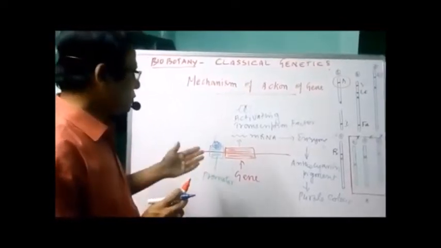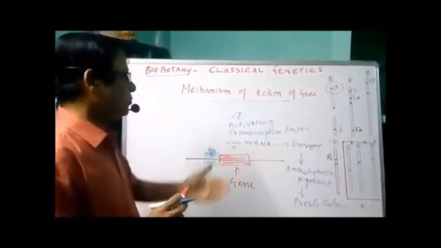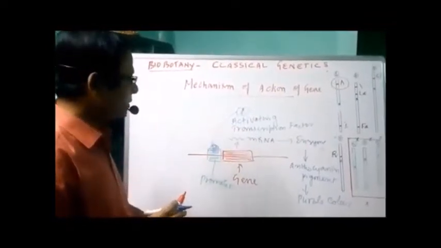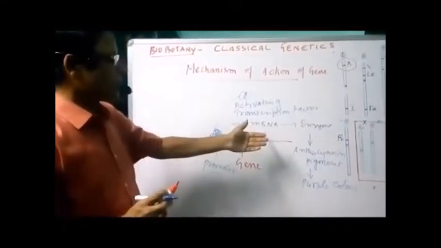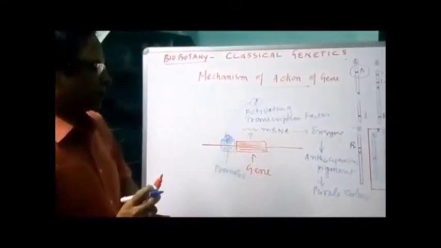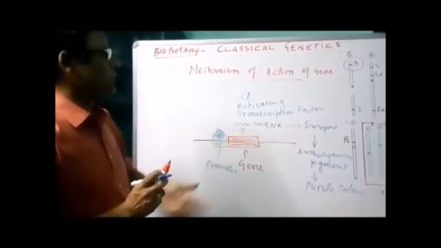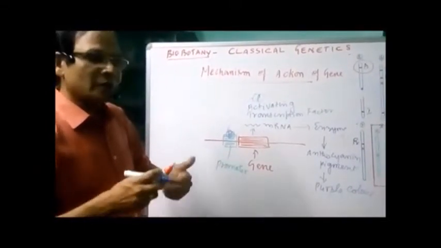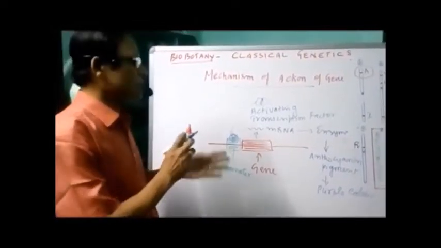It only switches on so that the gene undergoes transcription. Then only we have the formation of mRNA, the enzyme, anthocyanin pigment formation, and accumulation to form purple color. I mentioned already that in the case of white flowers, the transcription factor is in an inactive state. What is the reason for the inactive state of the transcription factor?